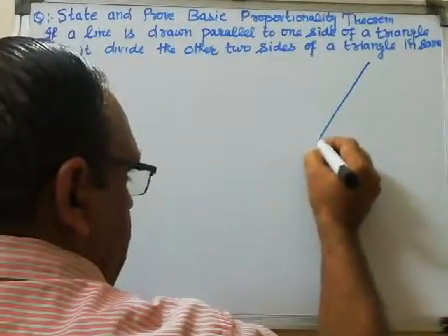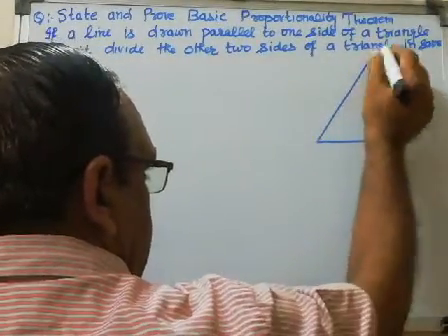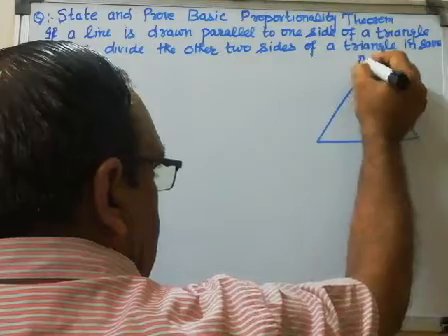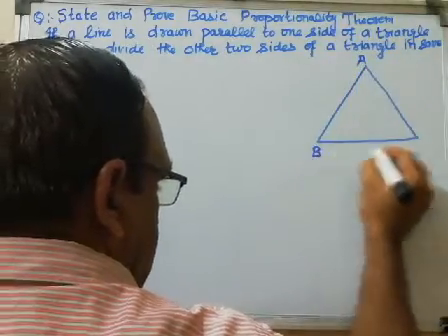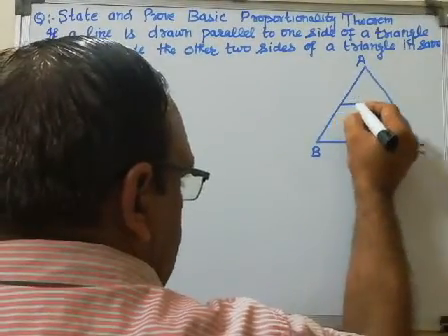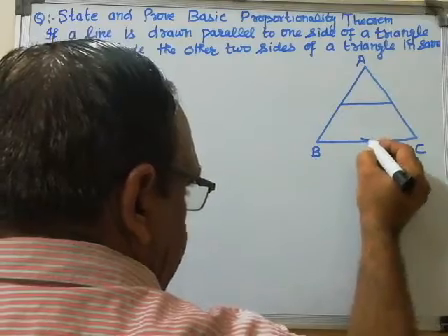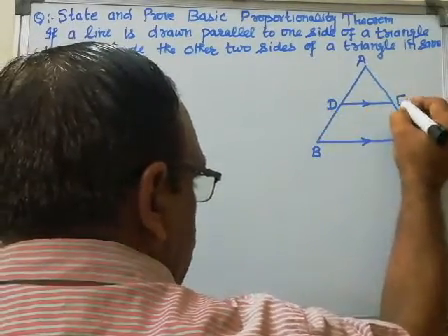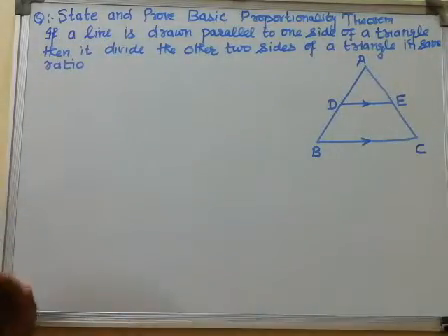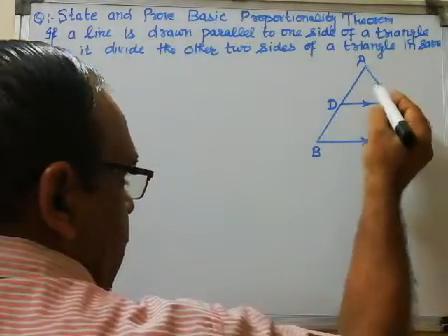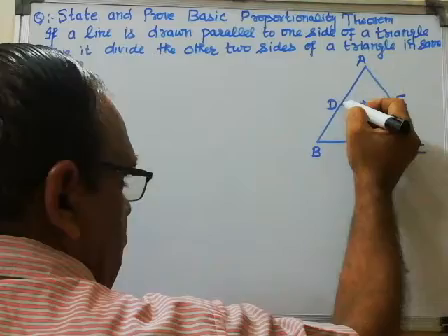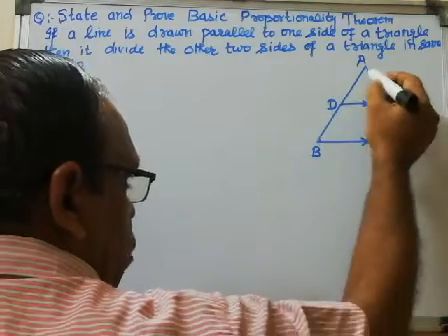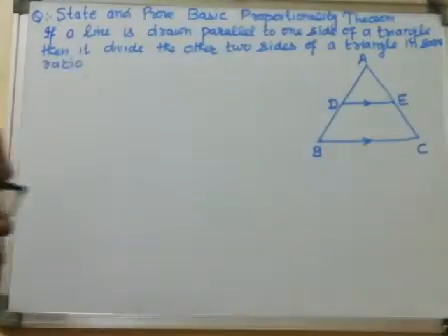Suppose we have taken this triangle ABC. A line is drawn parallel to one side of the triangle, that is DE is parallel to BC. We have to prove that it divides the other two sides in the same ratio, AD over DB equal to AE over EC.